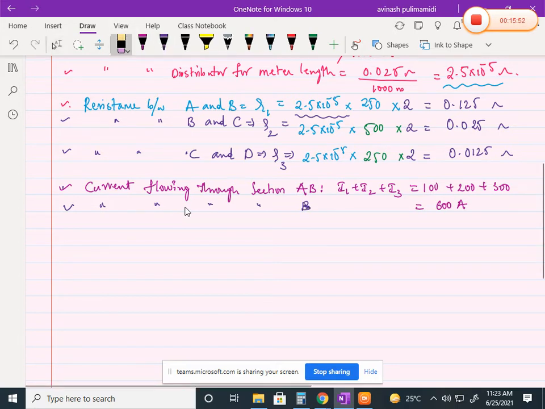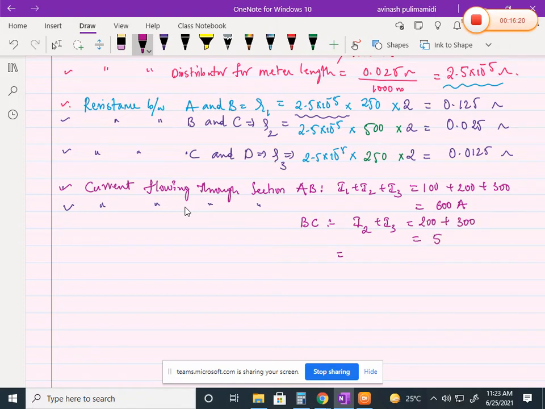So let me write in the next line. Current flowing through the section BC is I2 plus I3. So what is the I2 value? 200 plus 300.